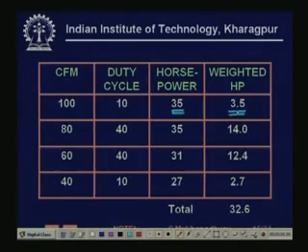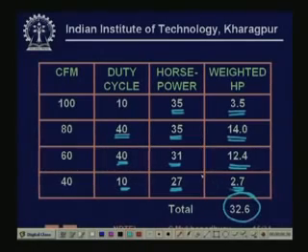We are trying to calculate the average horsepower. Similarly, 35 stays 40% of the time, that is 14, then 31 stays 40% of the time, that is 12.4, and 27 stays 10% of the time, that is 2.7. So the average horsepower requirement is 32.6.